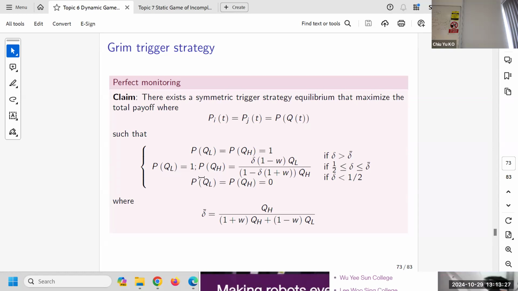So here we have two outcomes that are already reasonable. If firms are not patient, they only end up in something like a prisoner's dilemma. If they're patient enough, then you will get something nice.